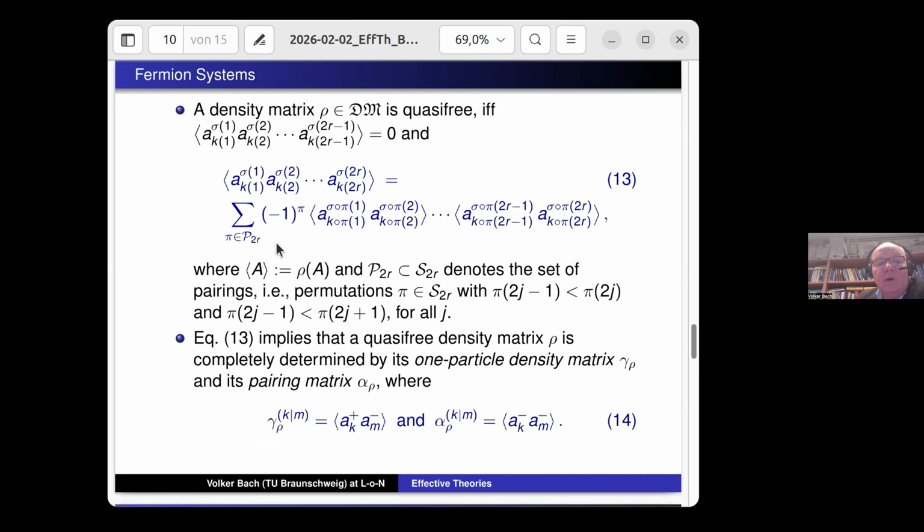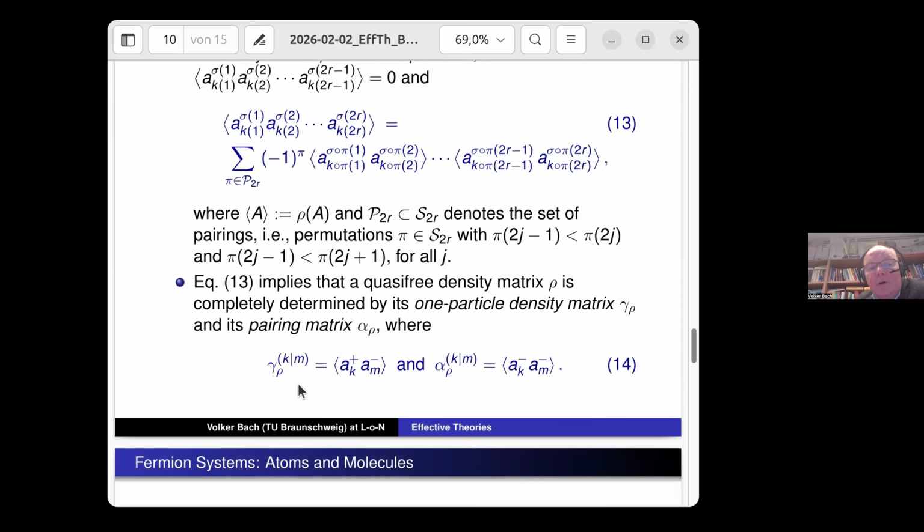So no matter how complicated 13 may seem to be, it implies immediately that a quasi-free density matrix is completely determined by its one particle density matrix, gamma rho, and its pairing matrix, alpha rho, where gamma rho, I write down here in matrix elements, are the creation annihilation operator pair expectation values, and the pairing matrix are the annihilation operator expectation values.